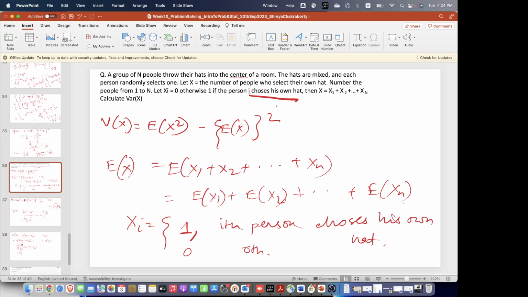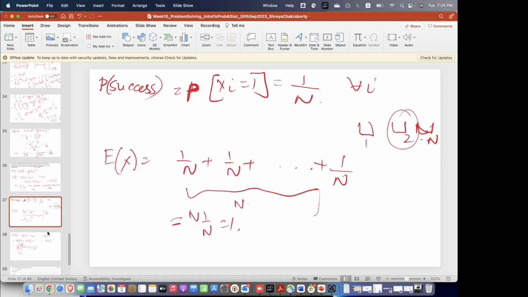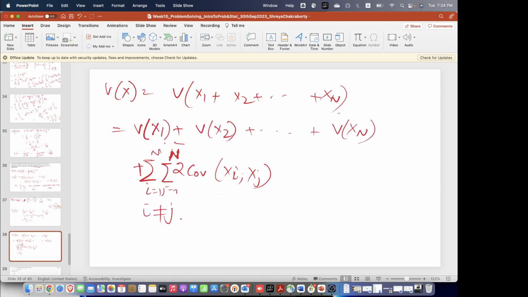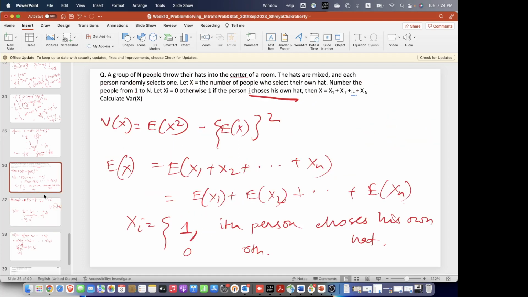If I consider i to be the ith trial, then the xi's are not independent. So there would be some covariance terms involved, and we have to take those covariance factors into account.